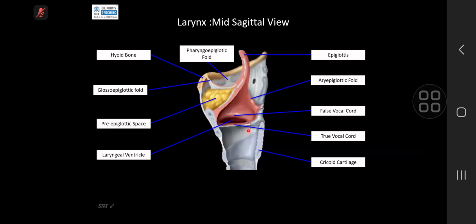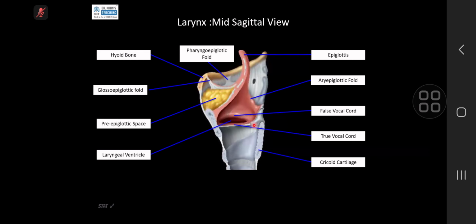Now on that skeleton of cartilage, add a bit of soft tissue. If you see here, this is the cricoid cartilage. On top of the cricoid cartilage is the arytenoid cartilage, and then this is the true cord level.